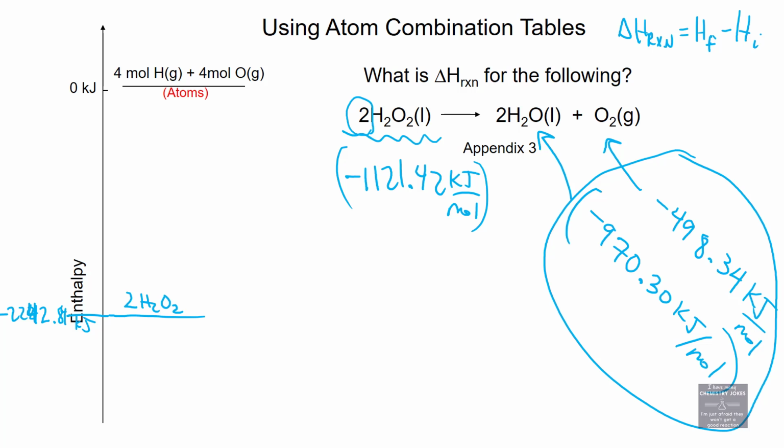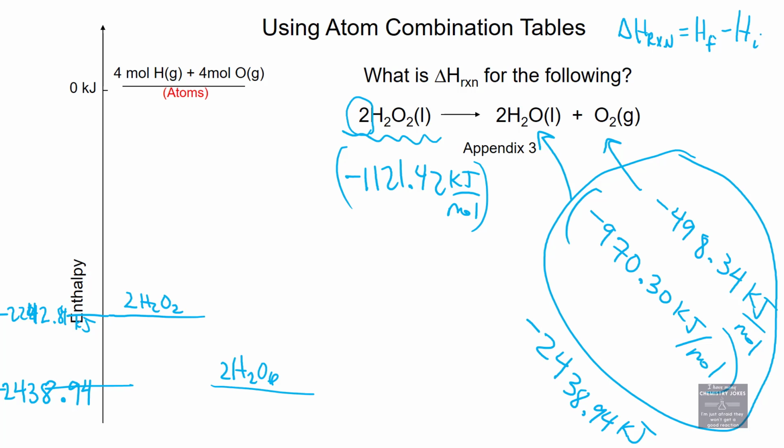My total enthalpy of my products is negative 2438.94 kilojoules. So what that tells me is that shelf needs to be at negative 2438.94. On that shelf, I've got 2 moles of water, liquid, and 1 mole of O2 gas.